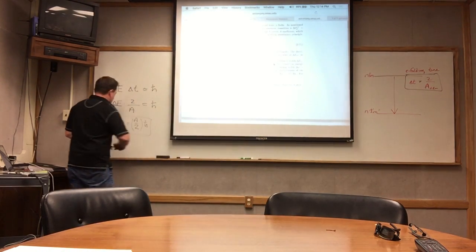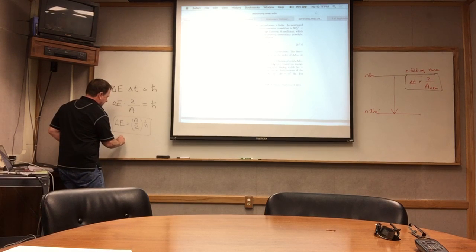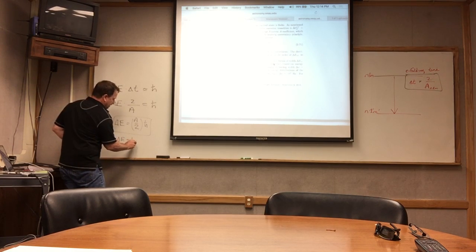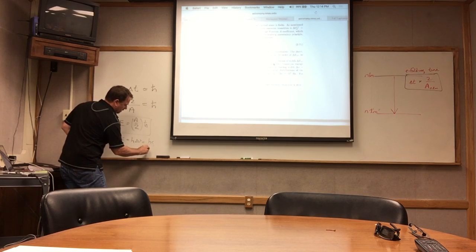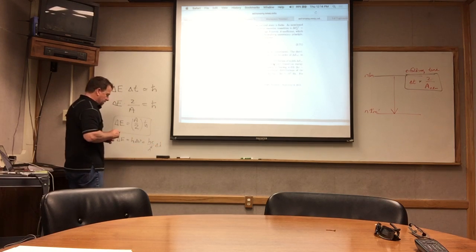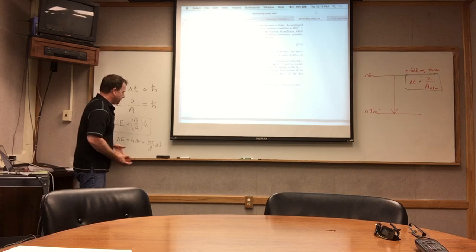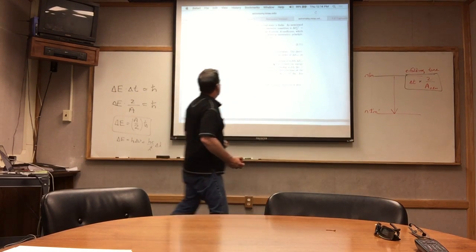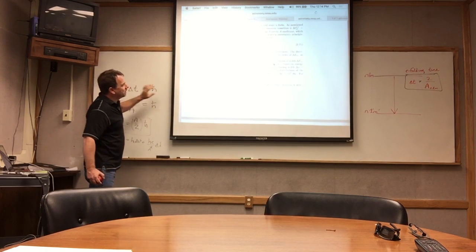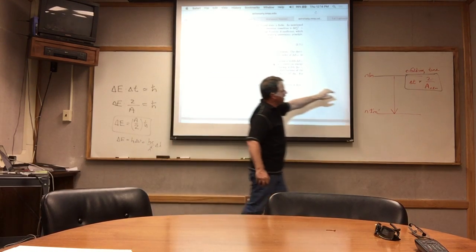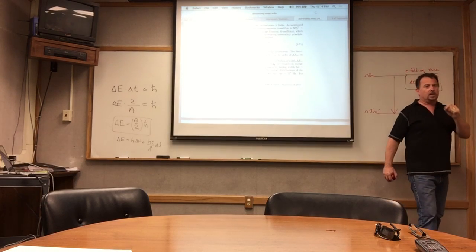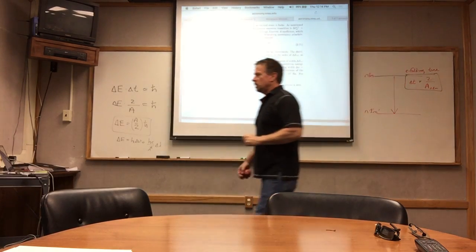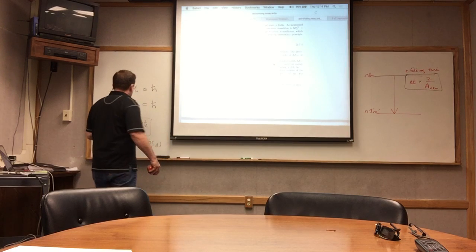And we know that delta E is equal to h delta nu, or hc over lambda squared delta lambda. So it turns out that that's about 10 to the 8 hertz for a typical A value. A typical A value is around 10 to the 8 inverse seconds.